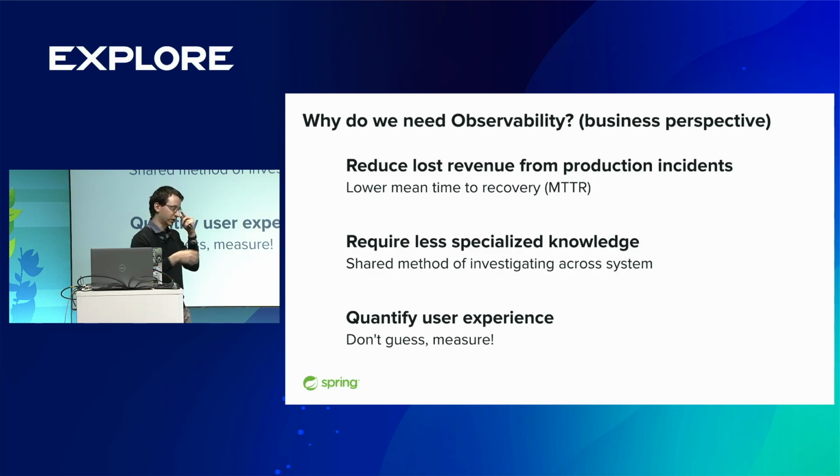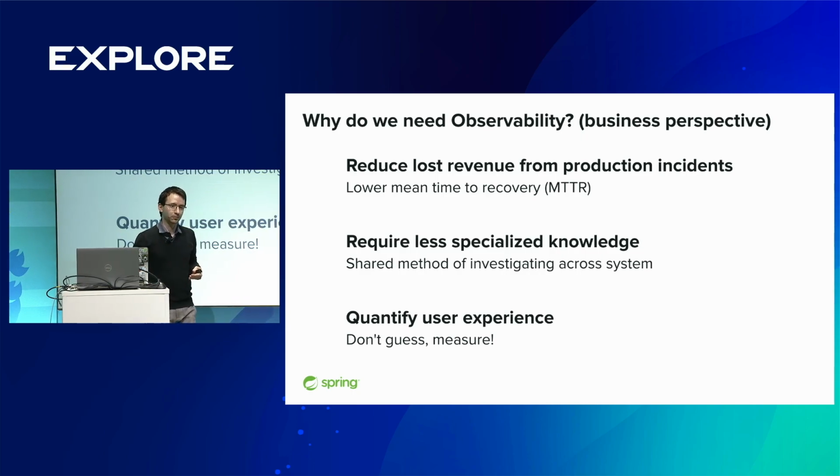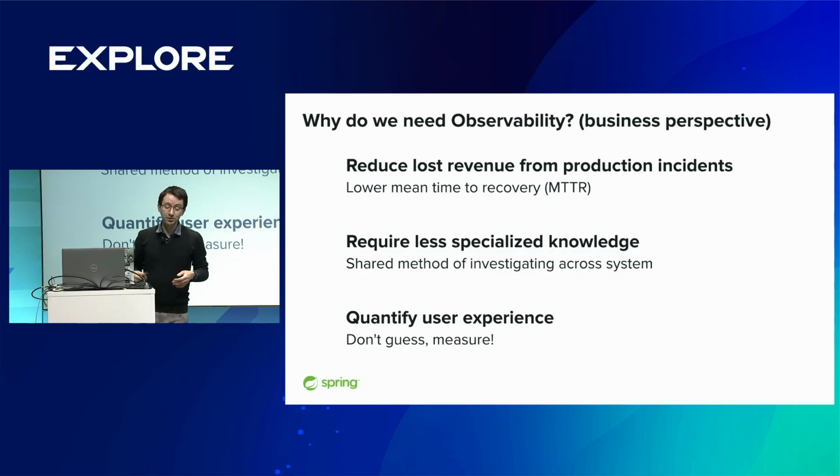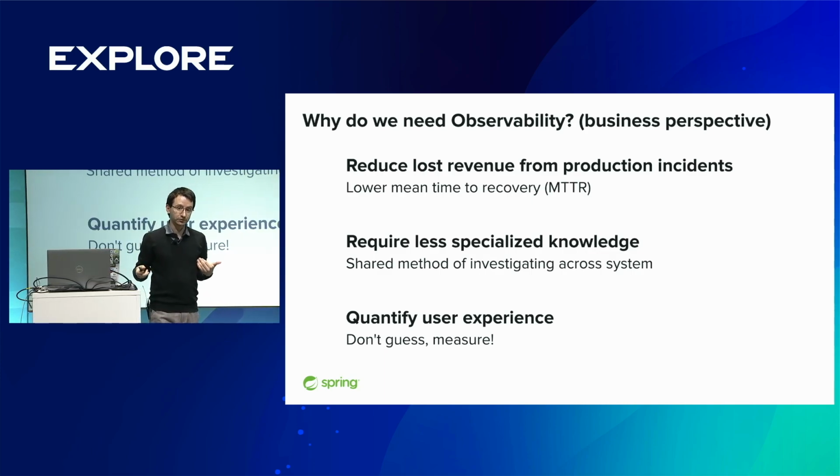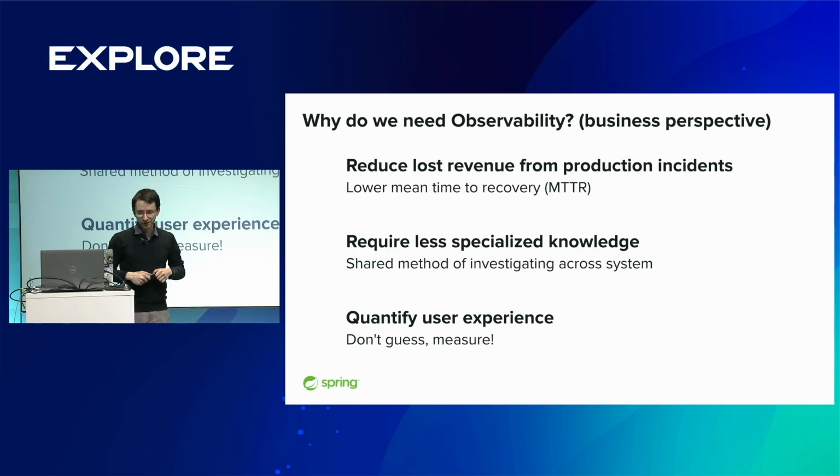You will not need tribal knowledge and a separate tool for every single application that you have in production. You might be able to use just one tool or three, but a low amount of them, and everyone should be able to troubleshoot things in prod without spending 10 years building that software. And also you can quantify user experience, which means that you can actually measure what your users are experiencing in prod without guessing. So that's a great thing.